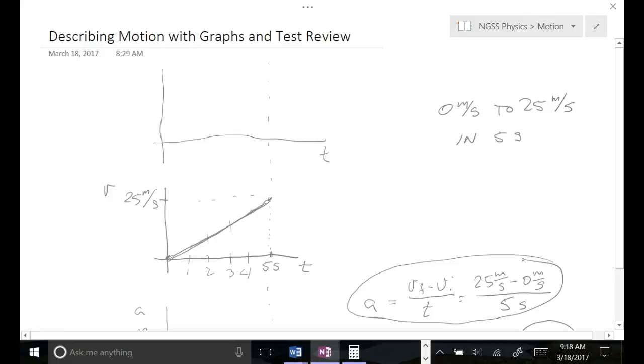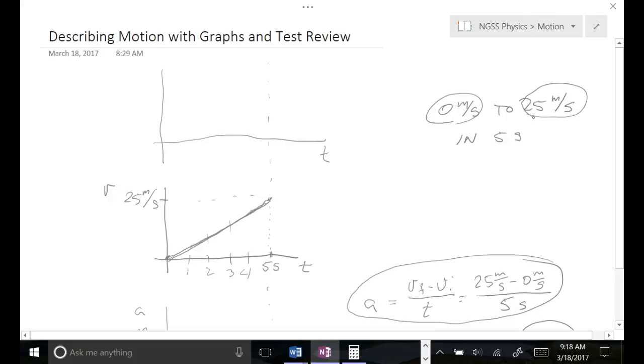So we're going to find how far we are from where we started after 5 seconds when starting from rest, 0 meters per second, and adding 5 meters per second to our velocity every second for 5 seconds to wind up at 25 meters per second.